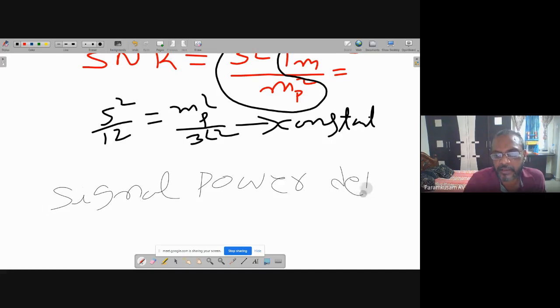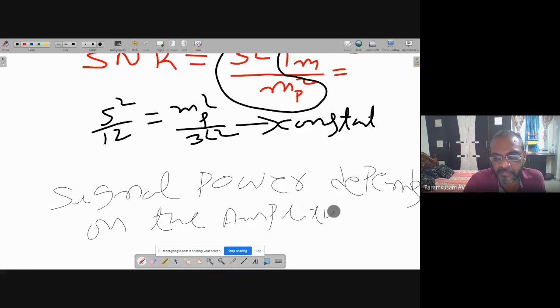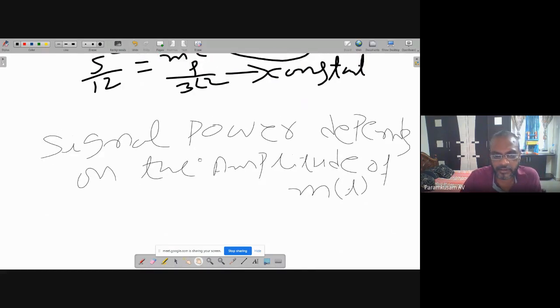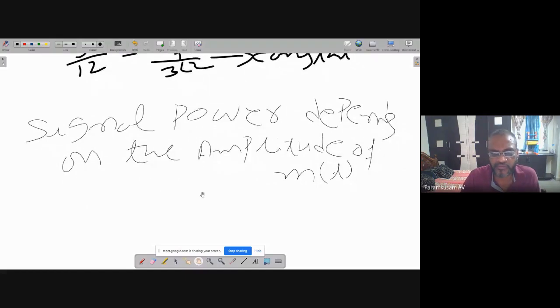This is a very important statement: the signal power depends upon the amplitude of m(t), that is the message signal. Please note it down.